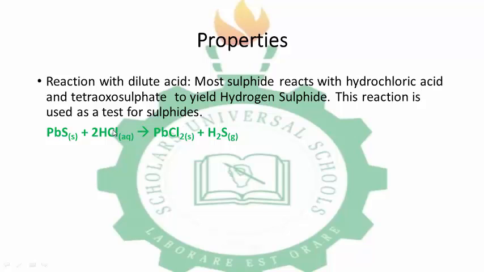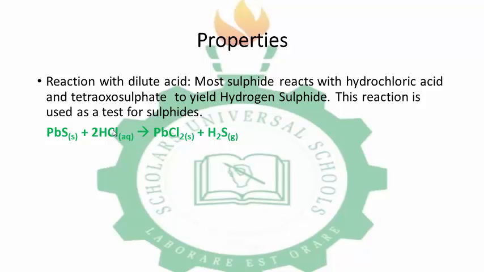That means when you are testing for sulfide in the lab, when you have a compound and you're not sure whether it is a sulfide, you add dilute acid, whether hydrochloric acid or tetraoxosulphate acid.